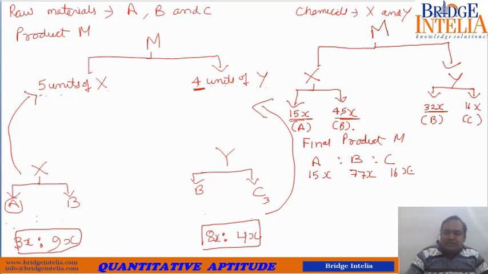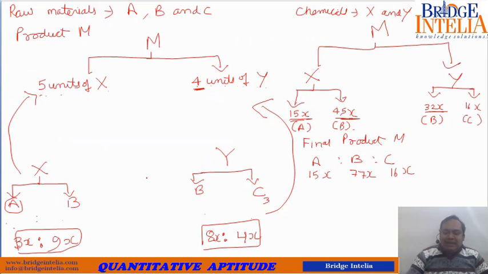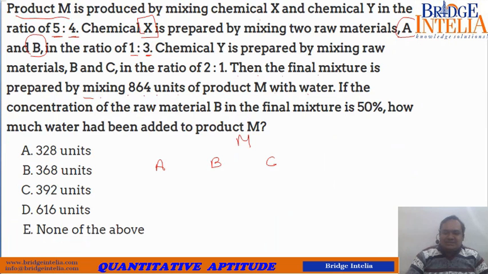Now what is being said? Then the final mixture is prepared by mixing 864 units of product M with water. So product M has three chemicals A, B and C: 15x, 77x and 16x. Now let's suppose this is 864 units.